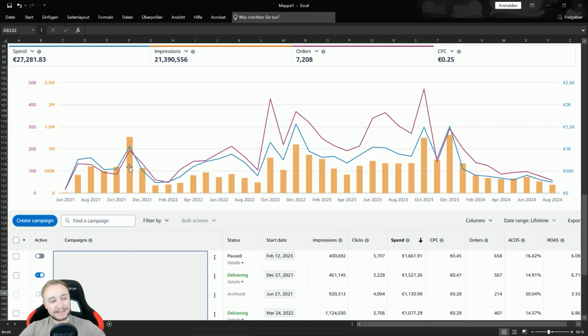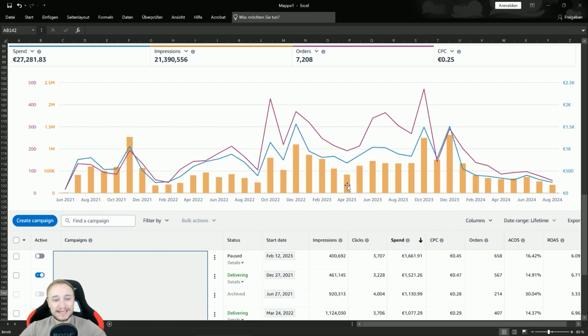It was like a jump start for 2021, then we went completely down in 2022, then it grew over time in 2023 and went down again this year because of the switch to the new main marketplace, in our case the US one.